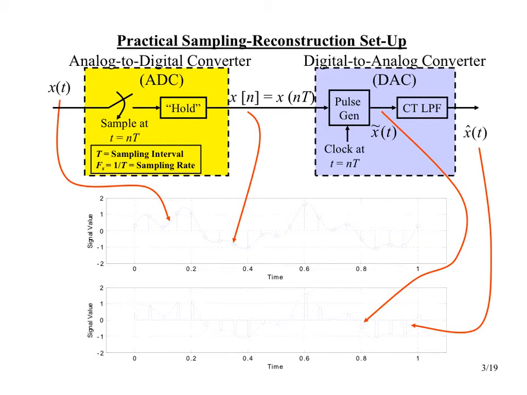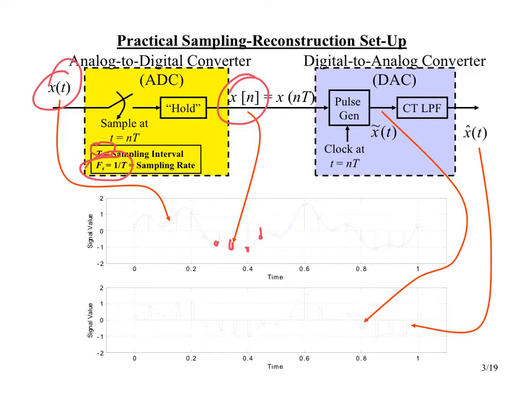The basic idea is we've got some x of t, which is this continuous curve. We've got an A to D converter, which is basically just taking samples of this function at various points, spaced T seconds apart, or equivalently taken at a rate of fs equal to 1 over capital T samples per second.